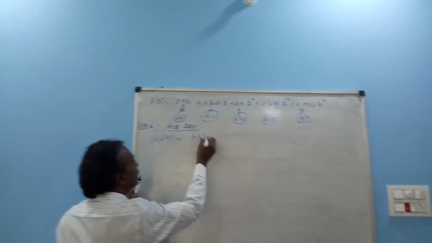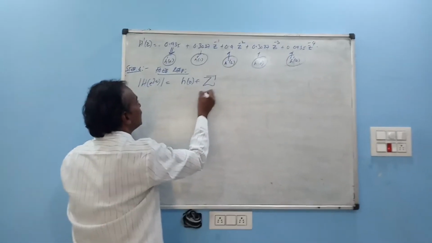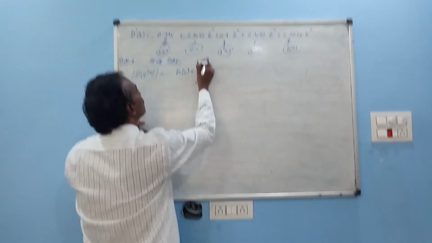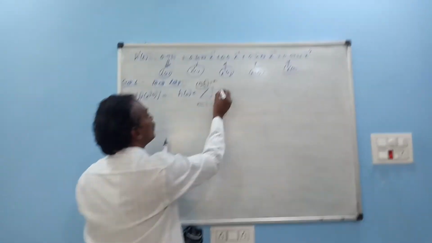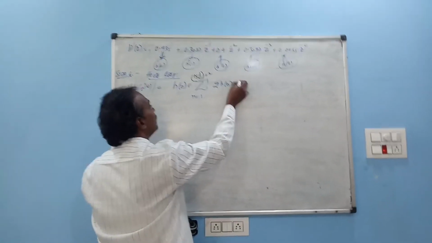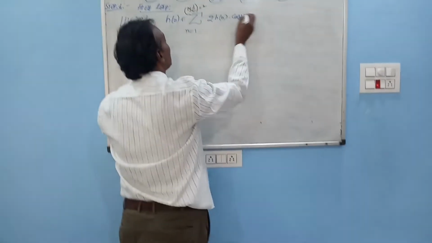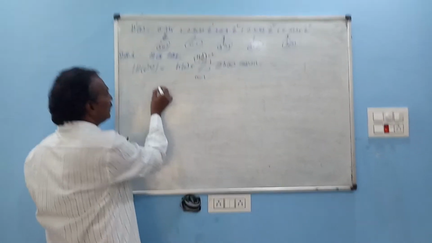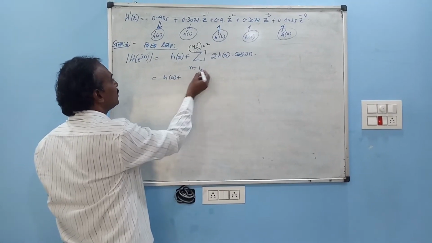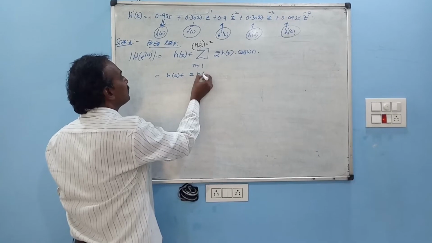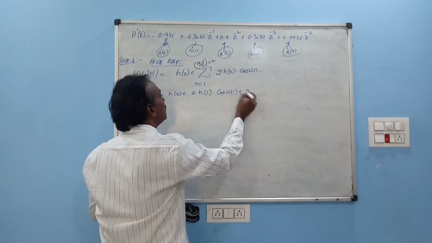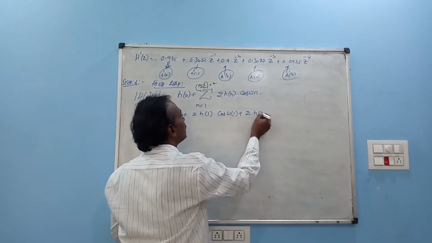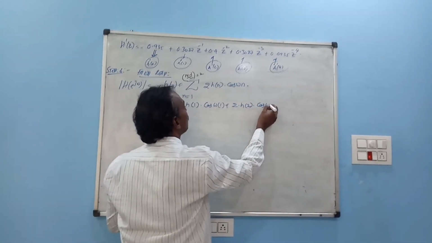H of 0 plus summation n from 1 to N minus 1 by 2, that is nothing but 2, so 2 times h of n into cos omega n. Now if I expand, this is h of 0. When I put n equal to 1, 2 times h of 1 into cos of omega into 1. Now 2 times h of 2 into cos of omega into 2.